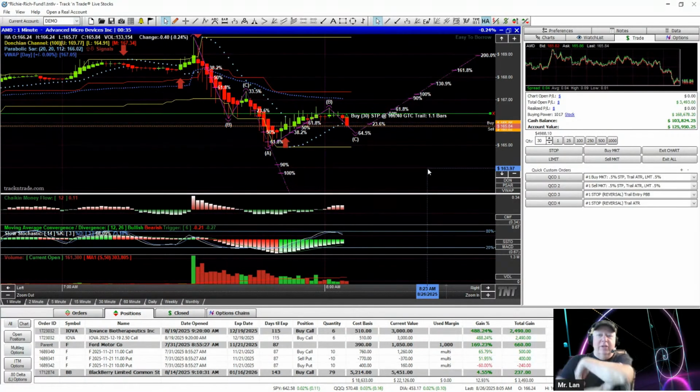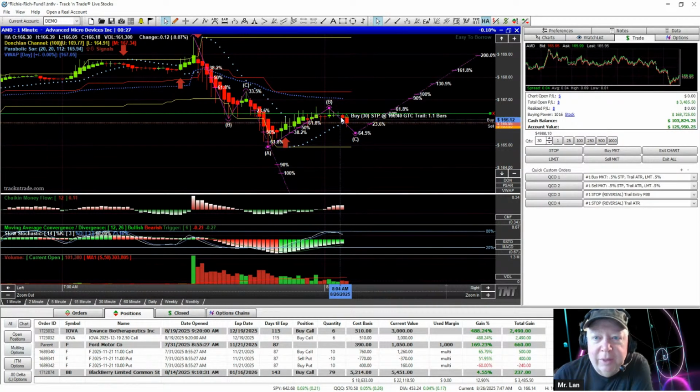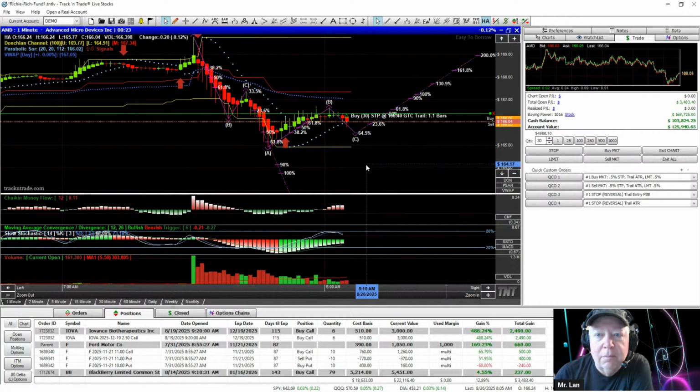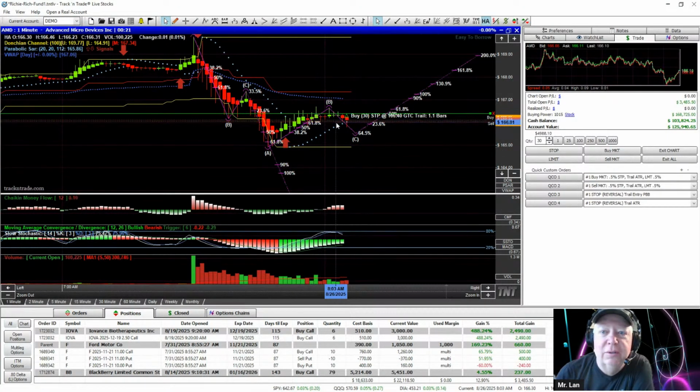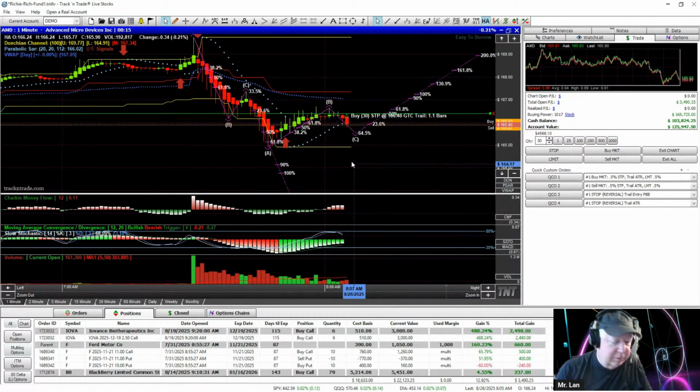All right, so now we're going to trail that down, and we're going to catch the reversal. And if it just keeps going down and breaks this bottom without turning around and breaking a new high, it's starting to slow down, though. It's dying on us. And we'll get in when that thing turns around and starts going back up.